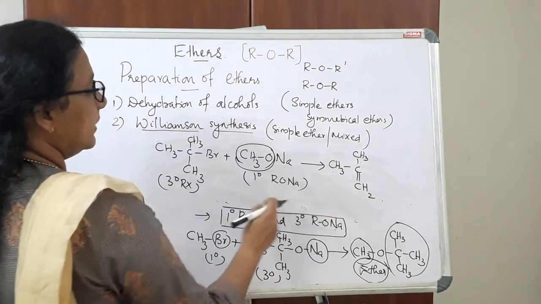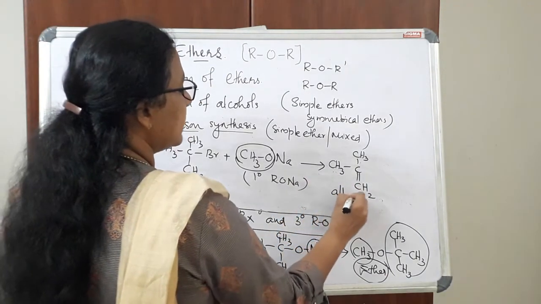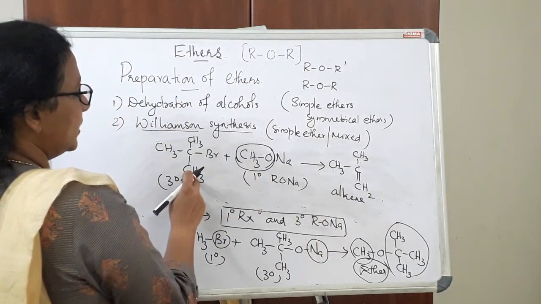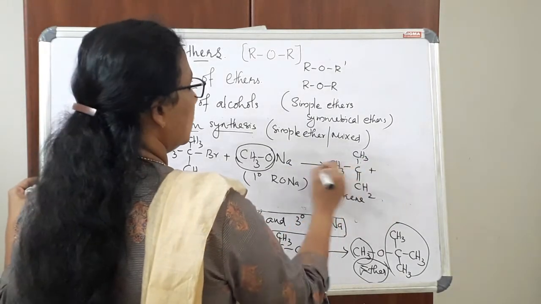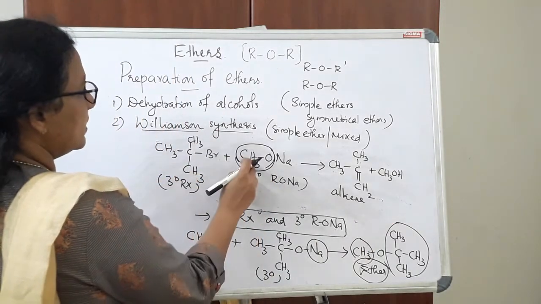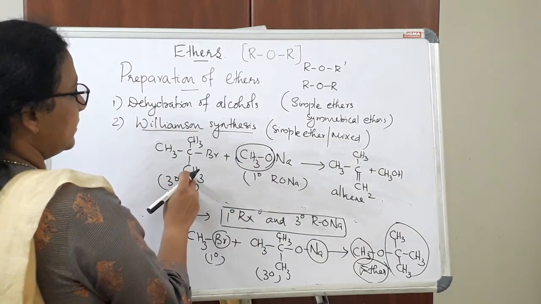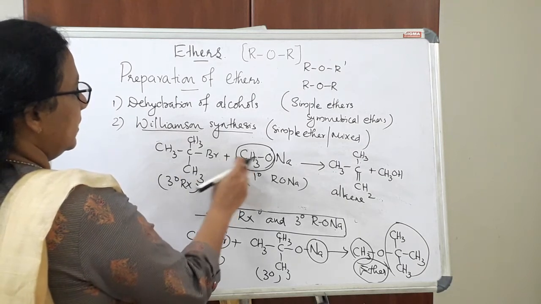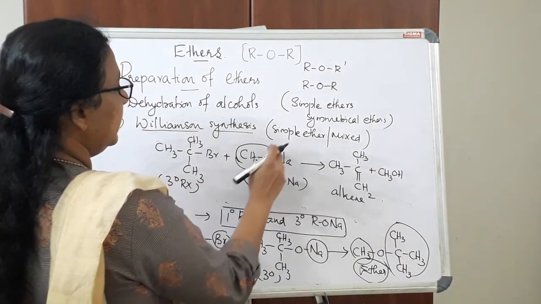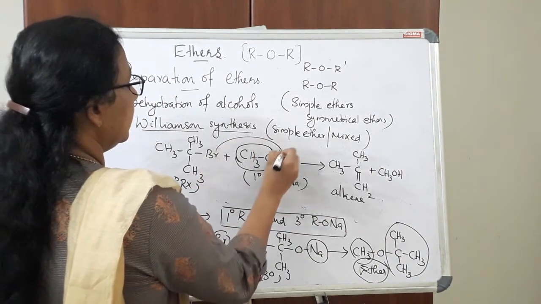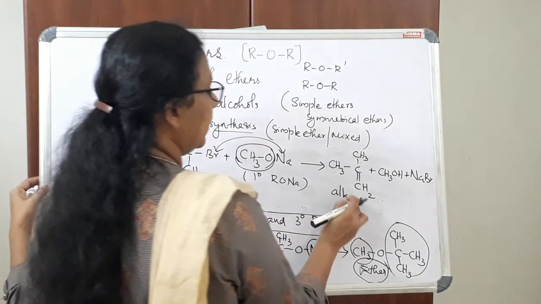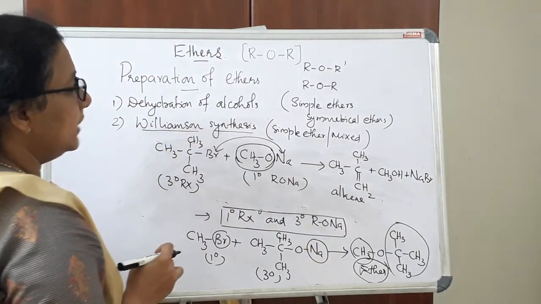That means an alkene will be formed in this case. CH3O will abstract one beta hydrogen from here, so CH3OH will be one of the byproducts and another byproduct will be NaBr. So NaBr is another byproduct, but the main product will be alkene, not ether. So that is the difference.